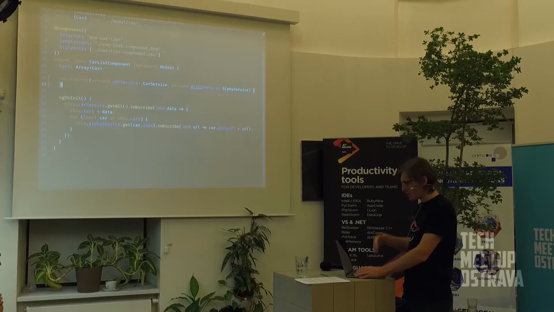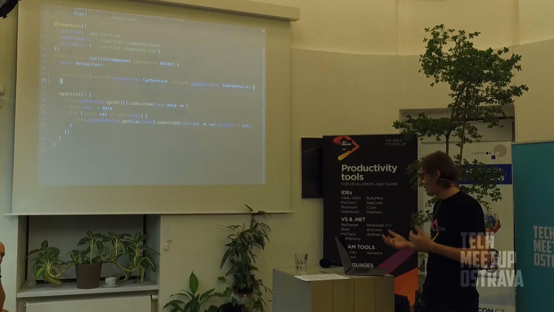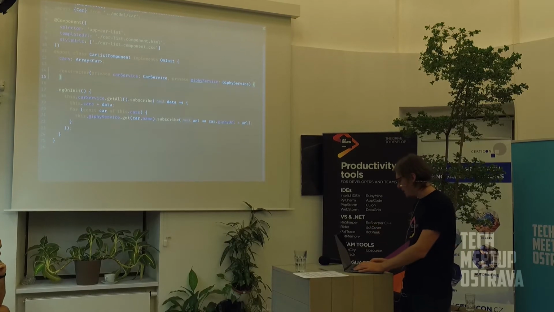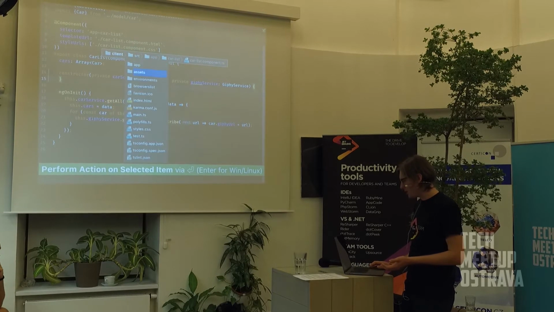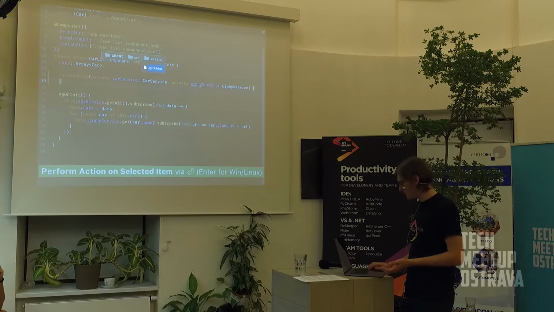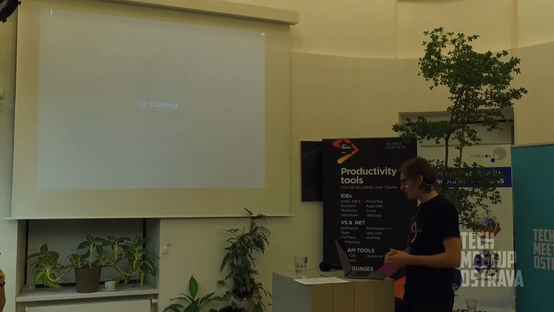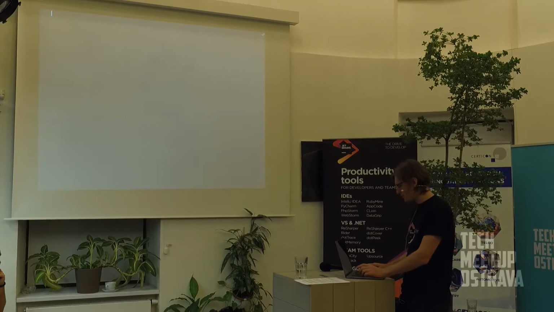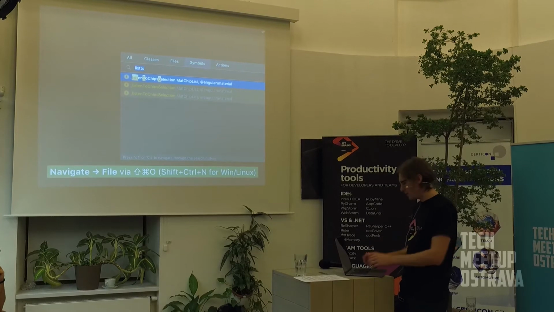So in such case, it's sometimes hard to, for instance, switch to another file, and it forces you to use keyboard only. So in such cases, you can use navigation bar to navigate to files. But much better solutions are to actually use quite powerful features like searching for symbols.